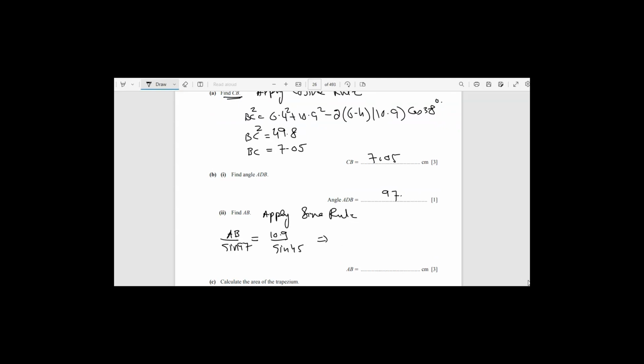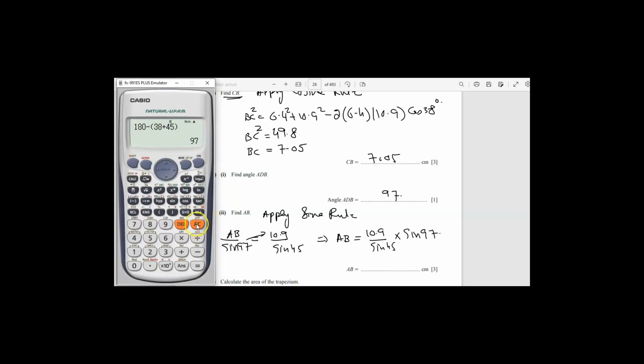In order to find this AB, we just cross multiply sine 97 to the other side: 10.9 divided by sine 45 times sine 97.